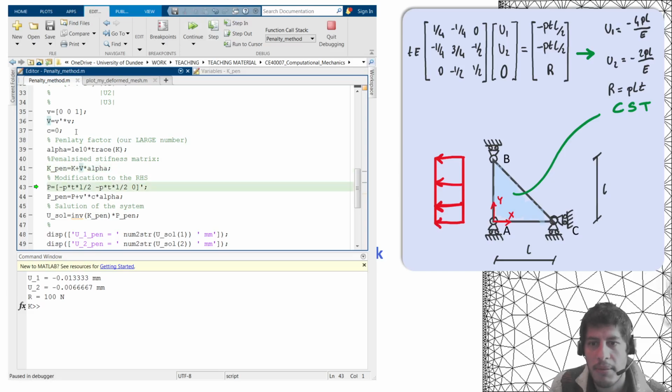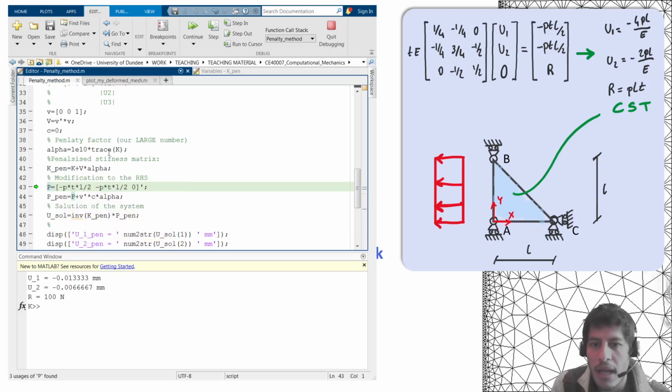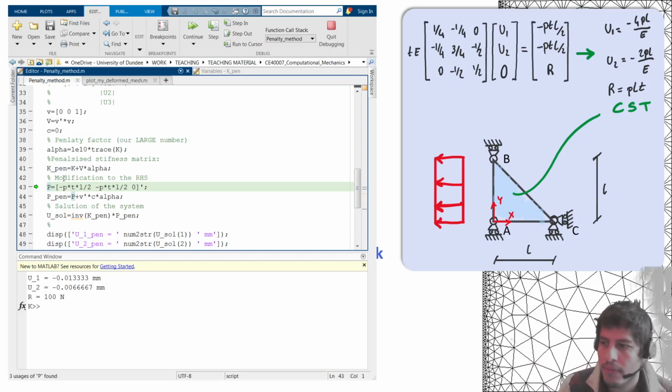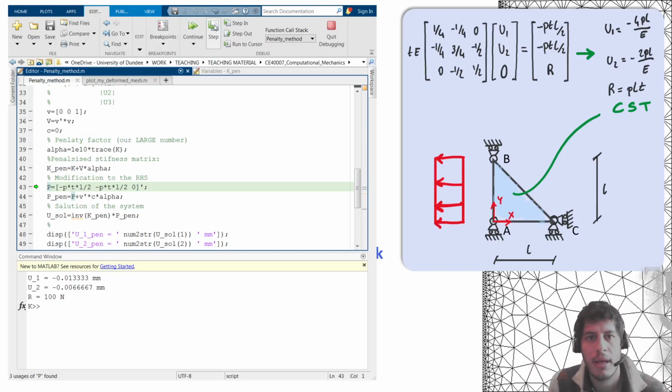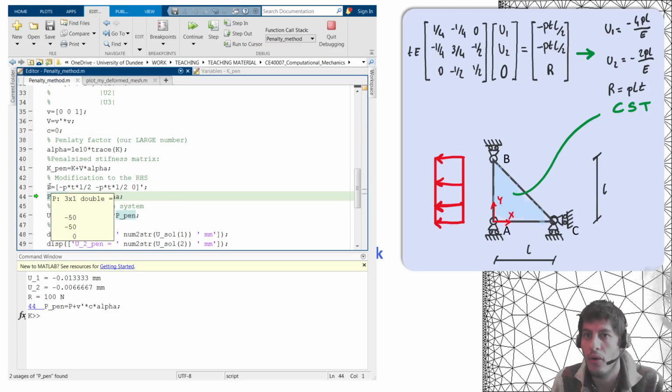So if I do a step, then we see that the penalized stiffness matrix has a very big number in the bottom right corner. Then the equivalent nodal load vector, we see it above there printed, but will look like this. So we have minus 50, and 0. This is the loads due to the equivalent nodal load vector.